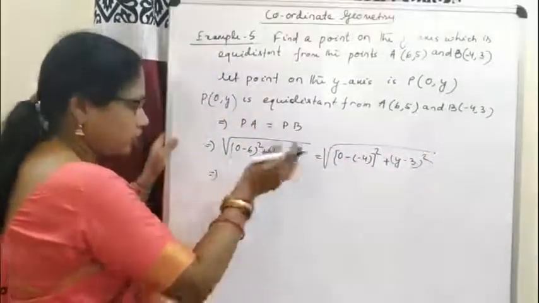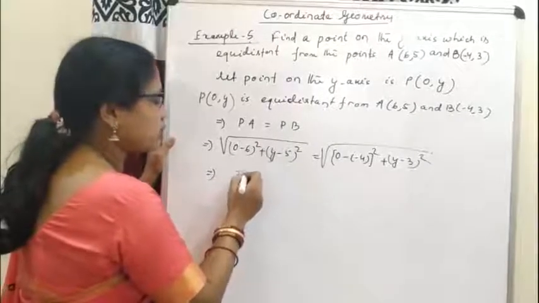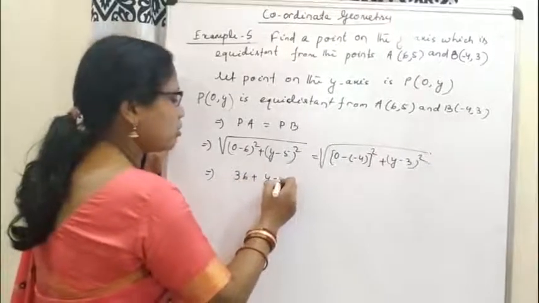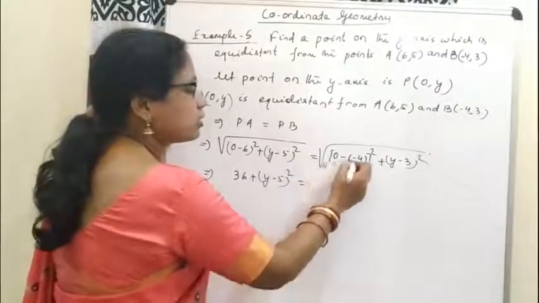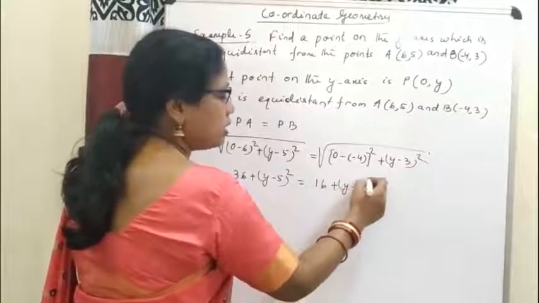By squaring both sides we get 6 square, which is 36, plus (y minus 5) whole square, equal to 4 square, 16, plus (y minus 3) whole square.